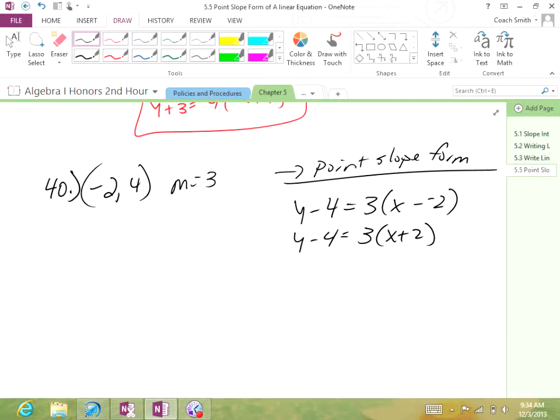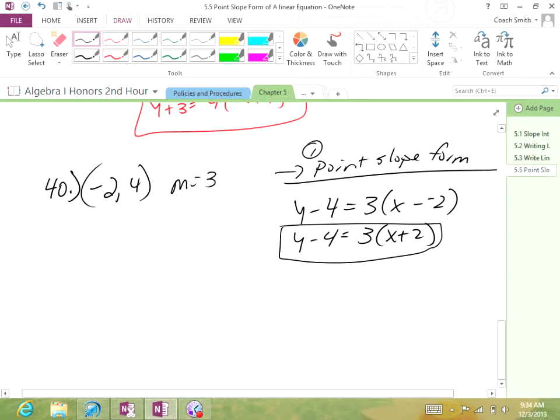Any questions how I came up with that? It's y minus y sub 1 equals the slope times x minus x sub 1. So this is number 1. That's your first answer.